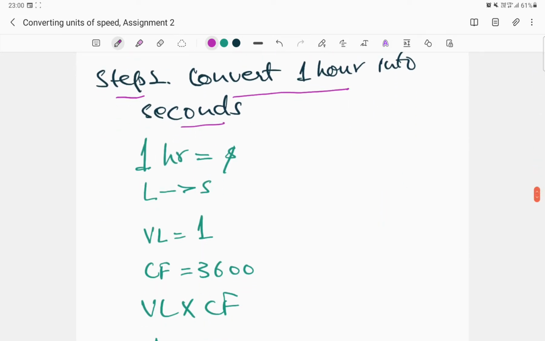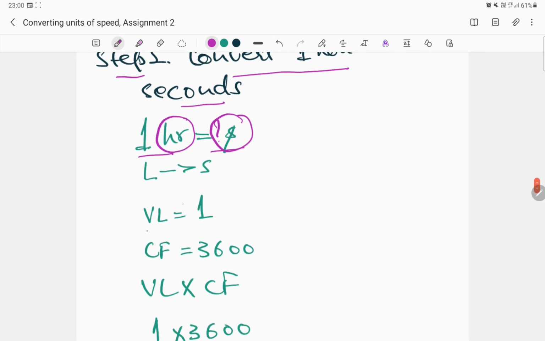I hope you all know conversions really well, but I'm just going to go through all the steps once again. So 1 hour has to be converted into seconds. How many seconds are there in 1 hour? Again, we are converting a larger unit of time into a smaller unit of time. The formula we use is VL times CF, value of large unit multiplied by the conversion factor. The value of the large unit is 1 here, and the conversion factor is 3600, which means how many seconds are present in 1 hour.